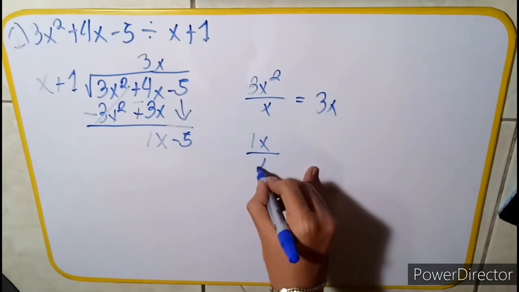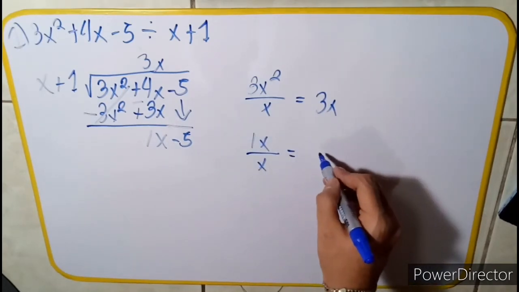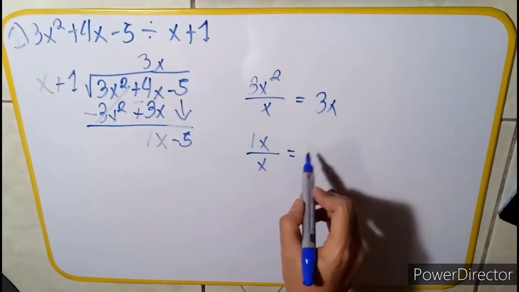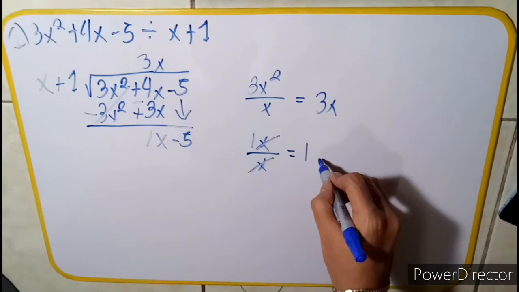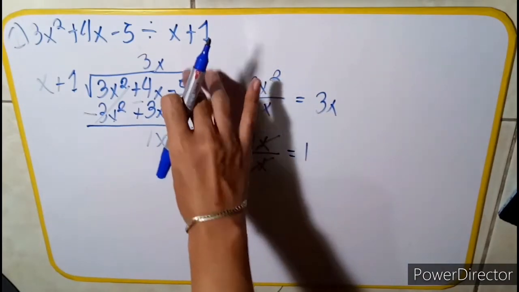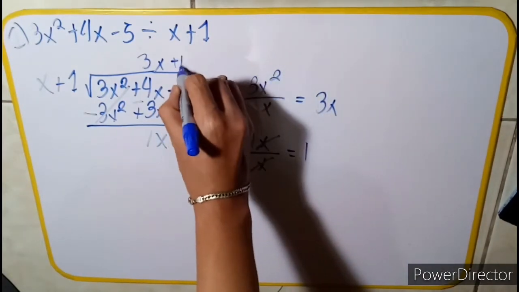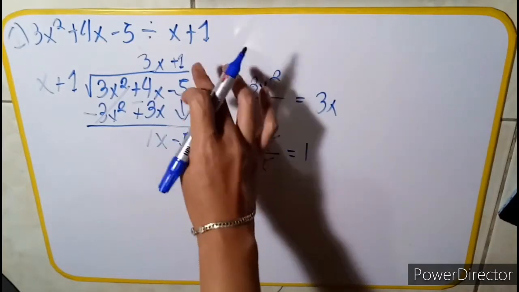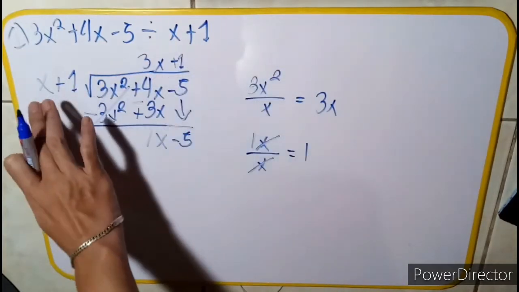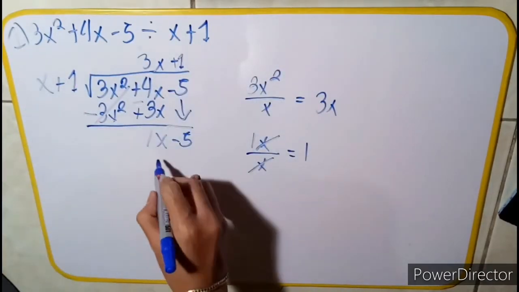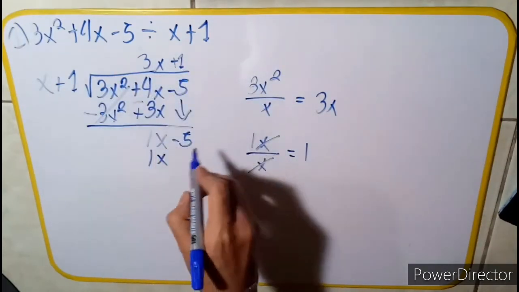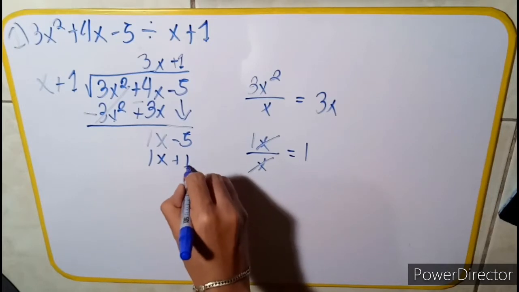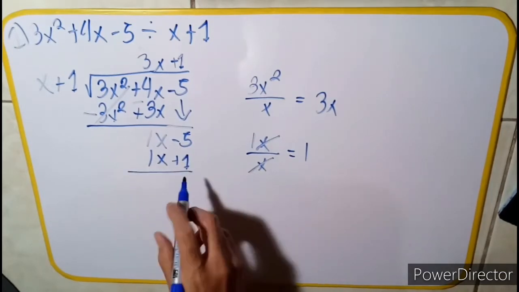1x divided by x, both x are cancelled, and the answer will be positive 1. Positive 1 times x will be positive 1x, and 1 times 1 will be positive 1.